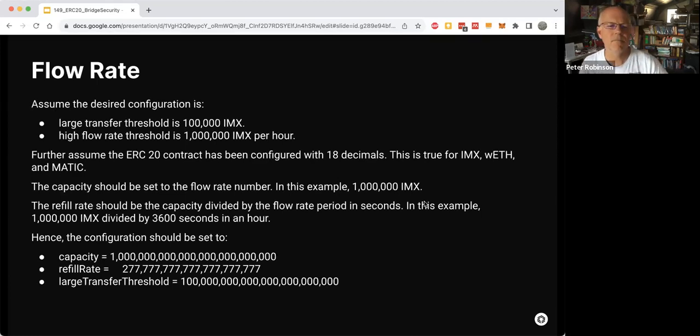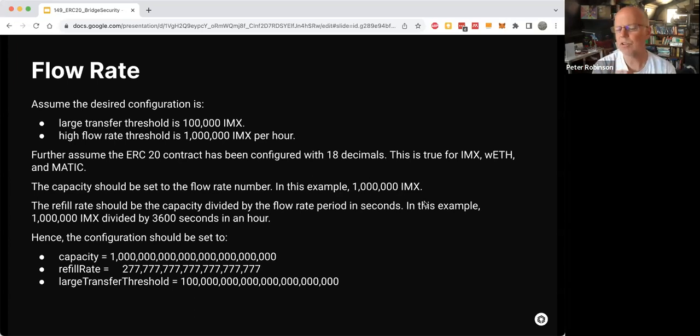So assume that the desired configuration is a large threshold of 100,000 IMX, and you want 1 million IMX per hour. And assume the ERC20 has 18 decimals, which is true for, say, IMX, wrapped ETH, Matic.